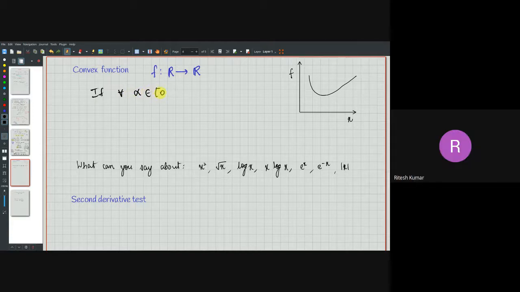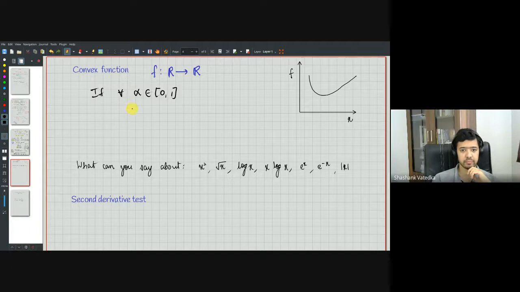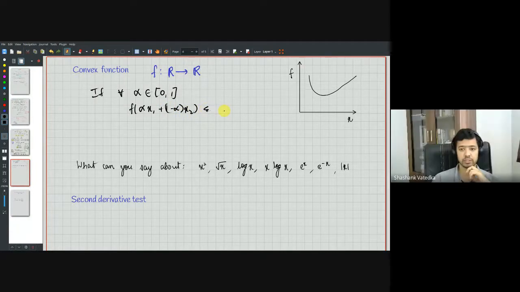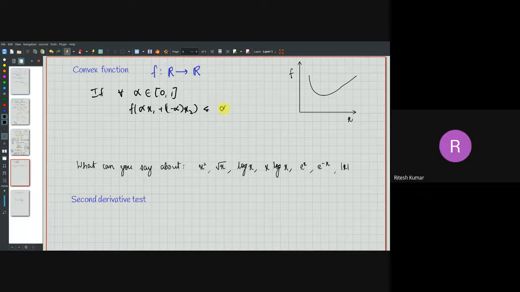For any alpha which lies between 0 and 1, the condition that f of alpha x1 plus 1 minus alpha x2 should be less than or equal to alpha times f of x1 plus 1 minus alpha times f of x2 should be satisfied.